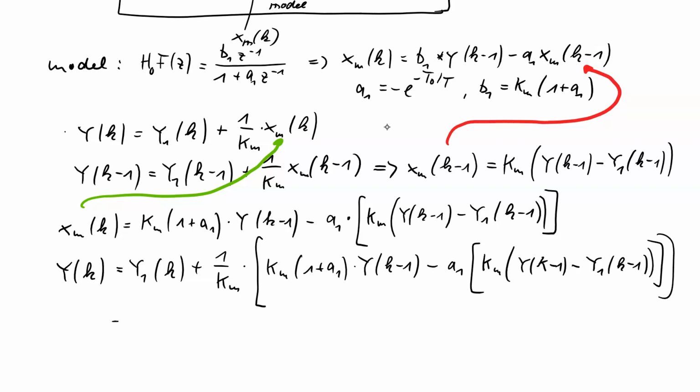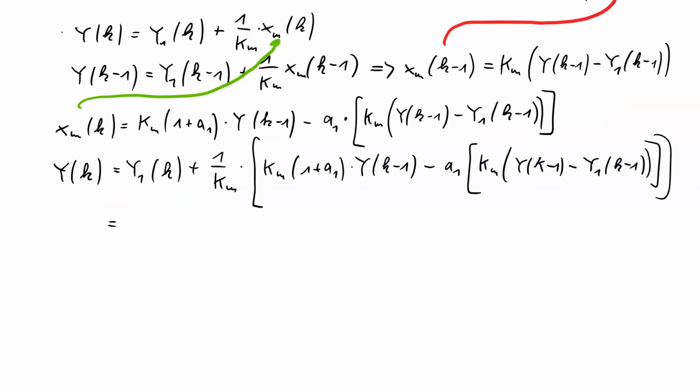So, what is the result? y1 of k is unchanged. You see the 1 divided by km reduces this km. All this expression is multiplied with km, and this km is also a factor for the complete right expression, so km is gone.